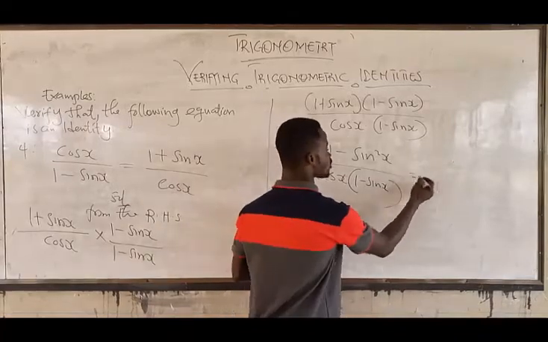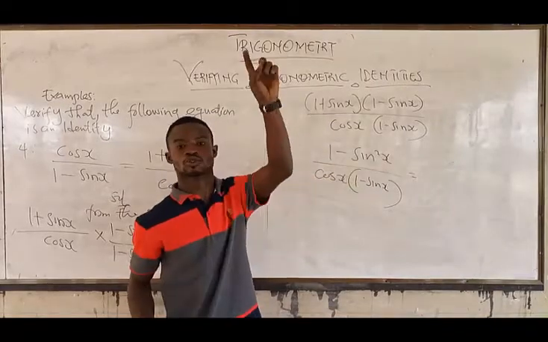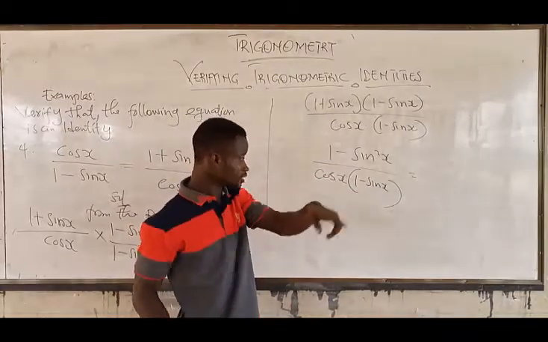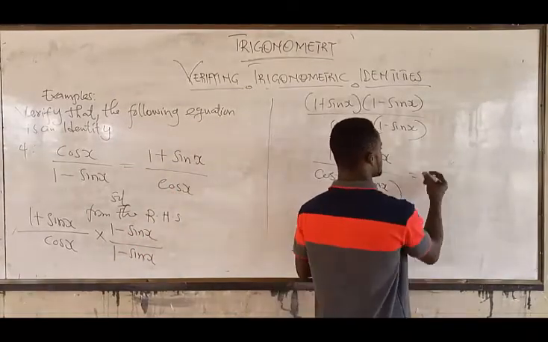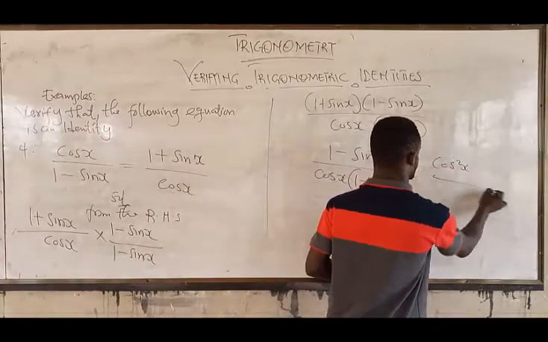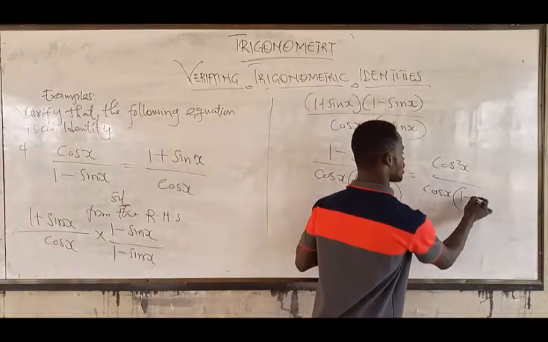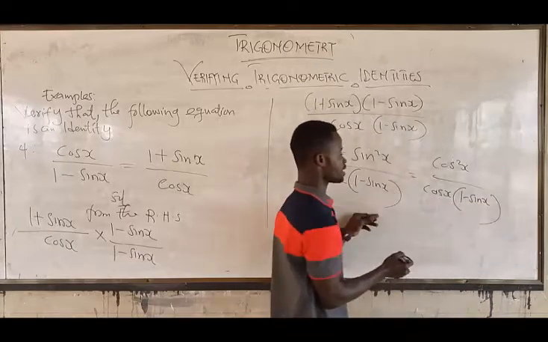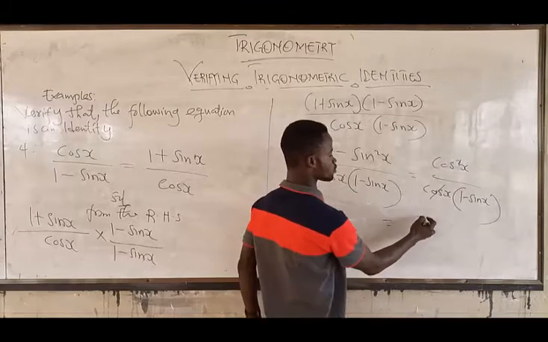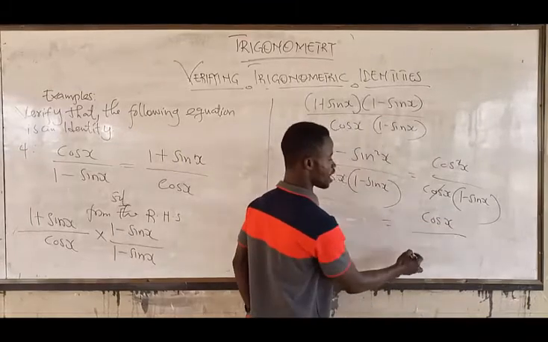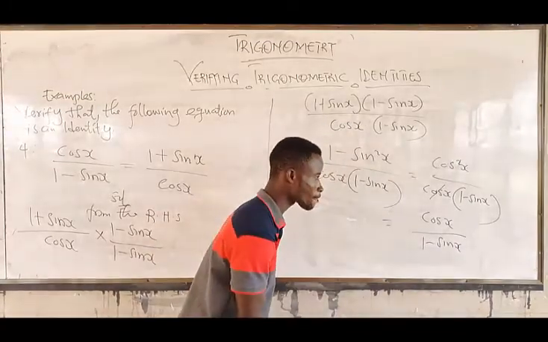You have to know clearly that 1 minus sine square s is cos square s. So since the numerator is cos square s, this is cos square s over cos s times 1 minus sine s. So you can see that this will cancel one of these, and the final answer is going to be cos s over 1 minus sine s.